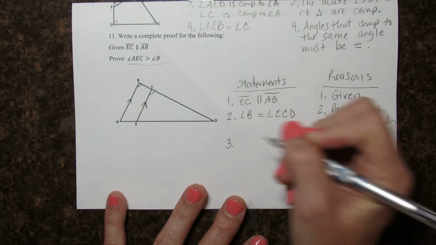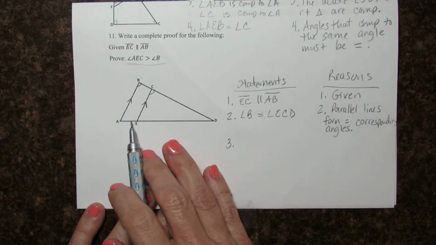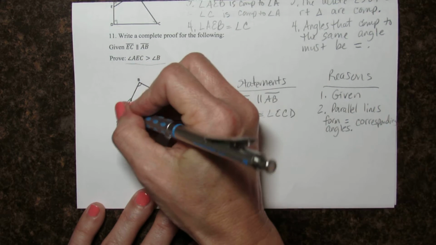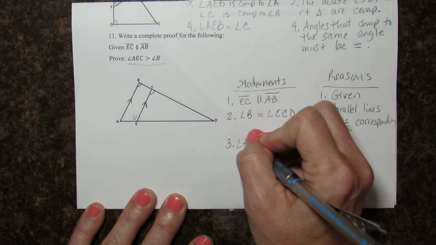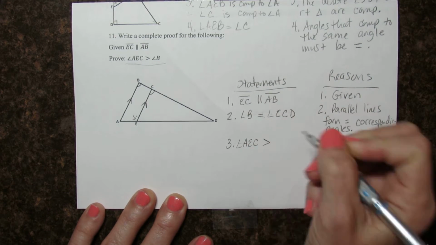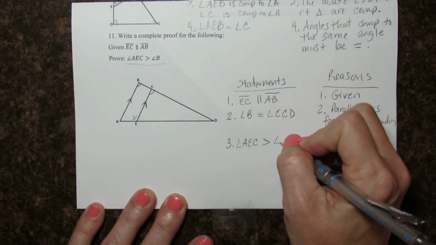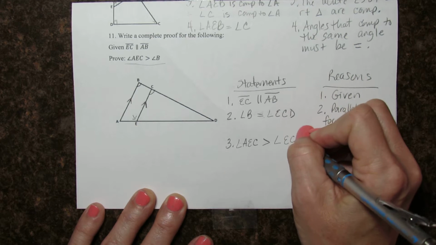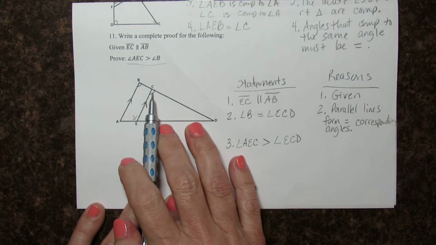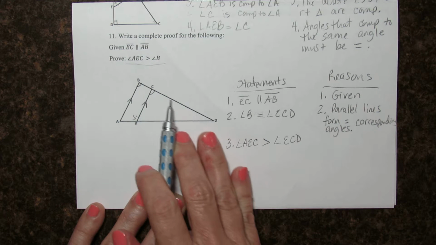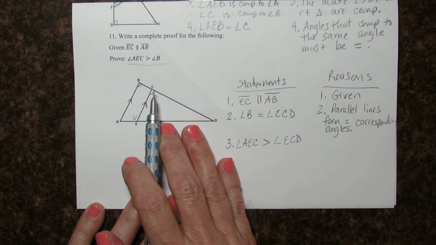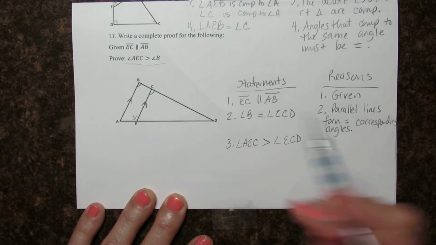Alright, now I can go with that exterior angle theorem that says angle AEC, which is this angle here, has to be greater than angle C, which is ECD. It has to be greater than this angle because it's the exterior angle of this triangle, and C is a remote interior angle.